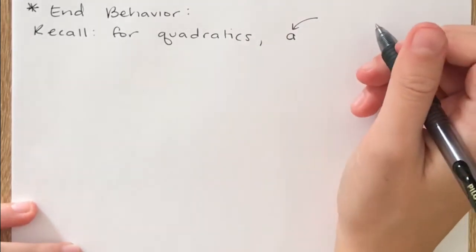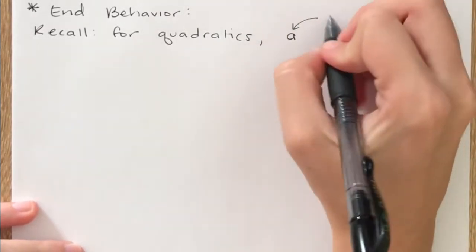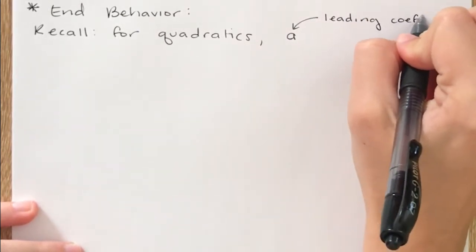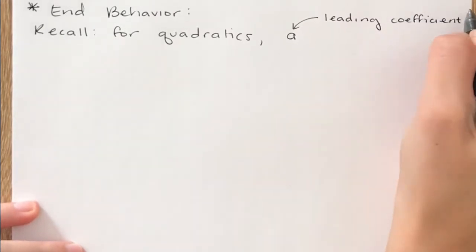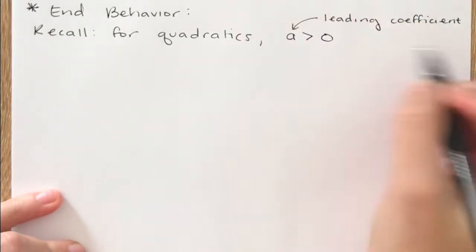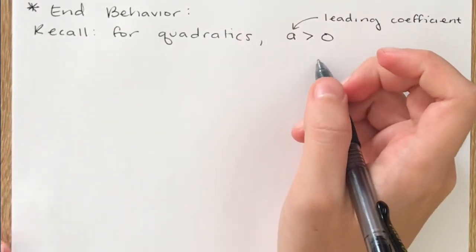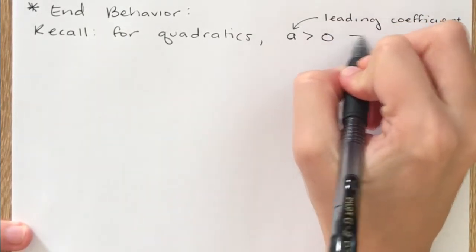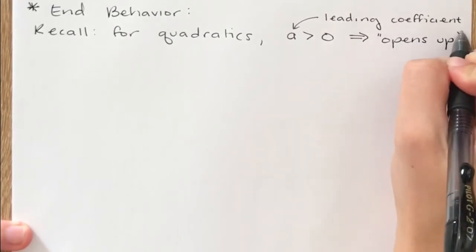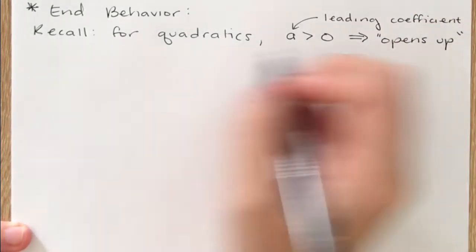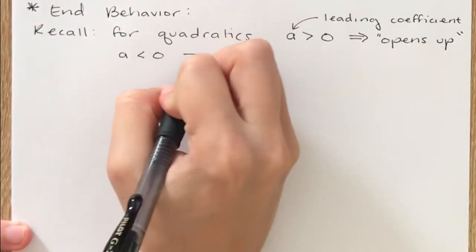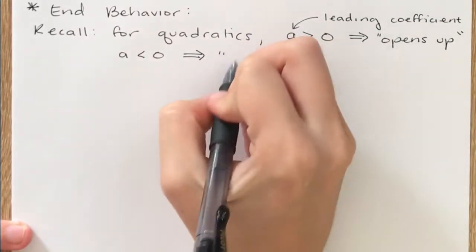I guess also in all polynomials, we've been using a to represent the leading coefficient. If a is greater than 0, what did that tell us about a quadratic? It told us that it opens up, right? And a being less than 0 meant that the parabola opens down.